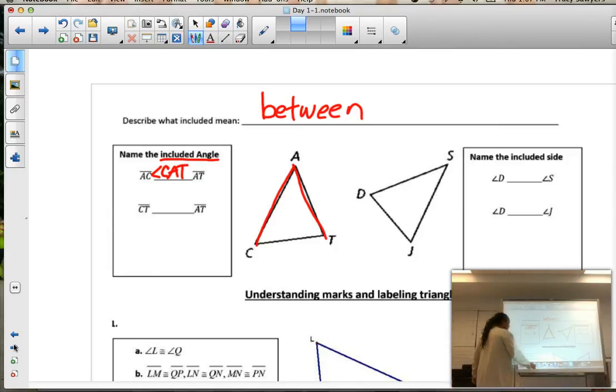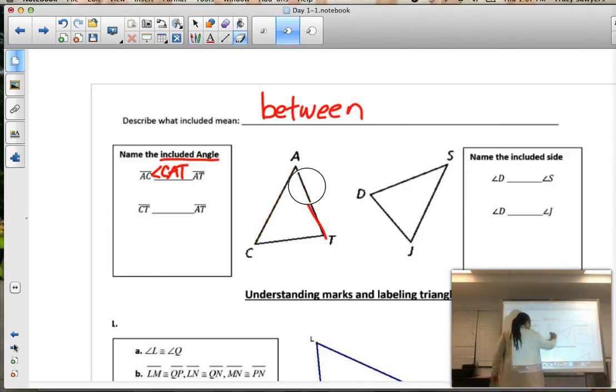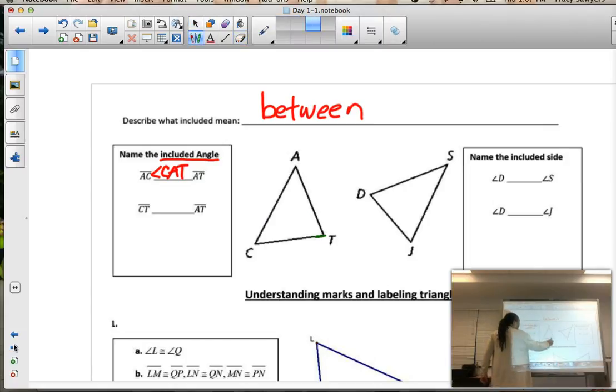What's the included angle for our next one? So we have CT and AT. What did you say? CTA. What has to be in the middle? T, the vertex here.